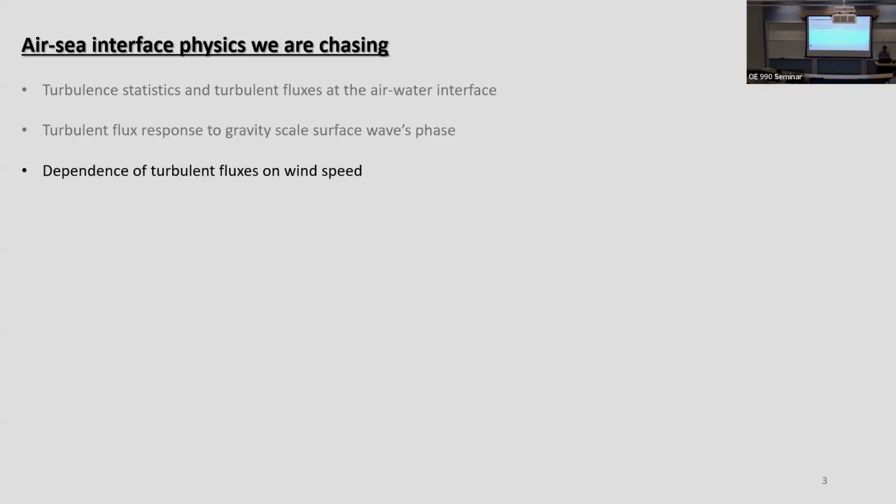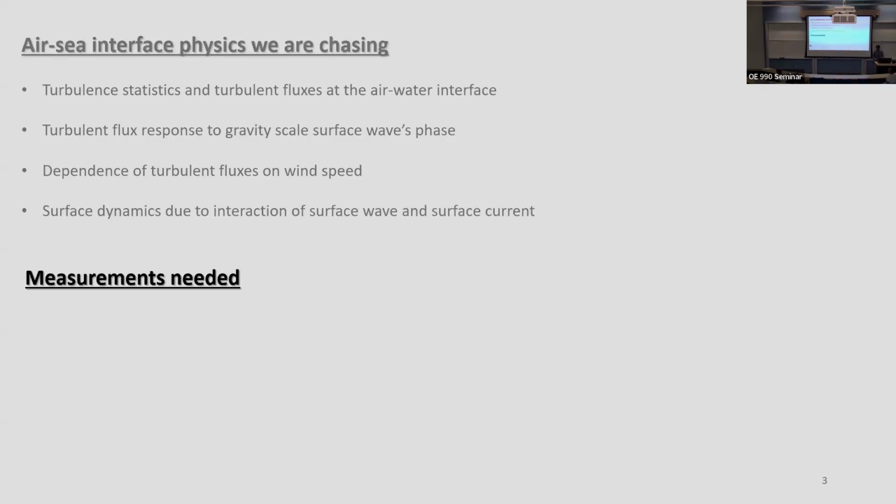How do these turbulent fluxes depend on wind speed? Due to the surface, we also want to look generally at the surface dynamics that take place due to the interaction of surface current and surface waves.